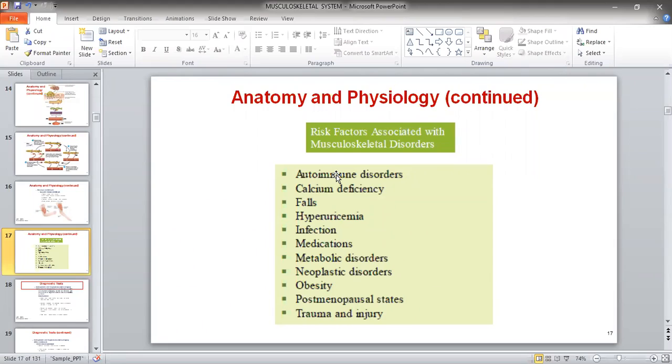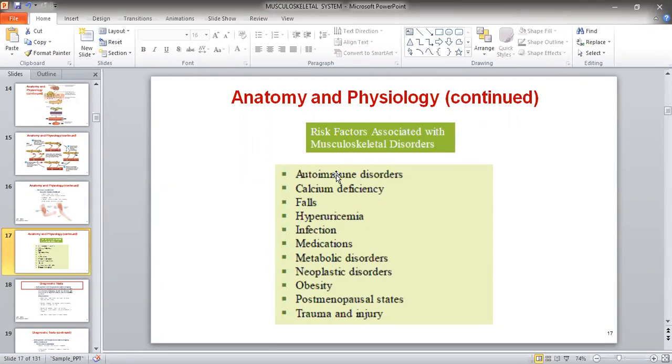Usually autoimmune disorder affect our multiple system in the body. So autoimmune disorder is one of the risk factor for musculoskeletal system. Calcium deficiency, okay, maybe from the food or body do not absorb the calcium, or if we suddenly fall, and fall is most important in elderly patient.